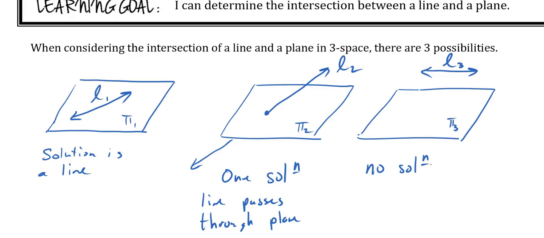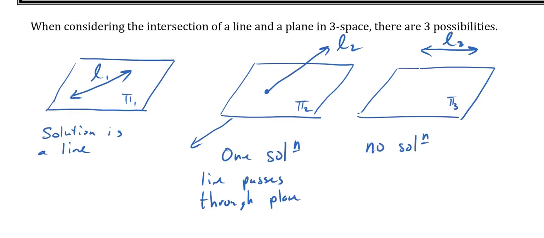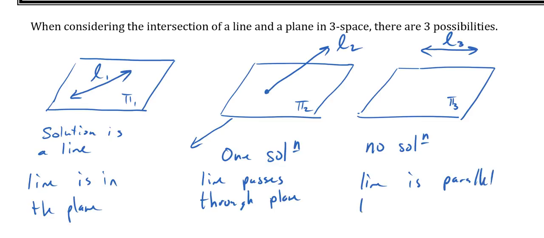The line is parallel to the plane. So in this case, the line is in the plane. In this case, the line is parallel to the plane.